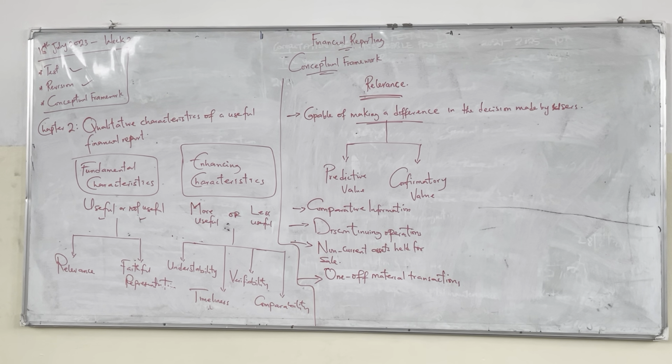Another one is that if you sold an asset and you make a huge gain, you have to present that because it's actually a one-off item. Another one is if you revalue an asset and you have either a revaluation surplus or a revaluation deficit. Those are one-off items that can impact your profitability. You need to let us know and present them separately because it helps in making what?